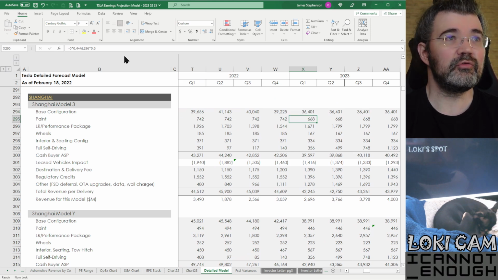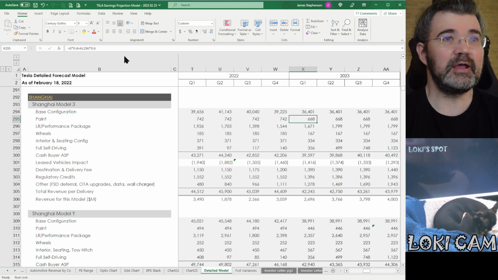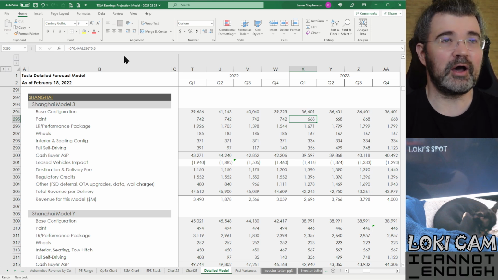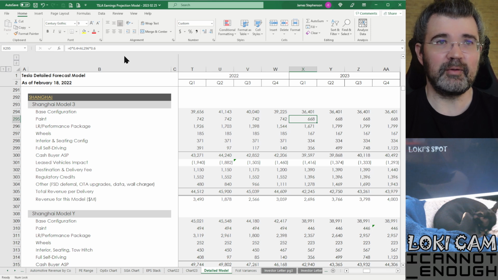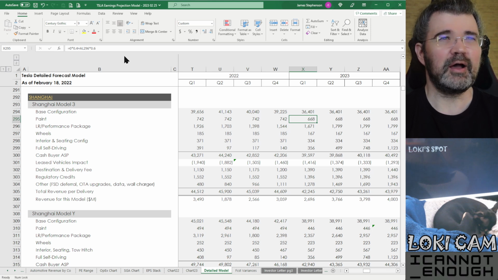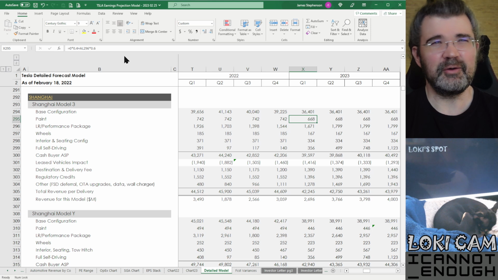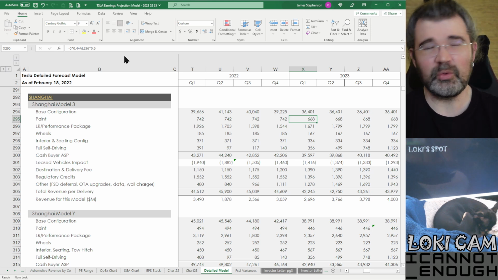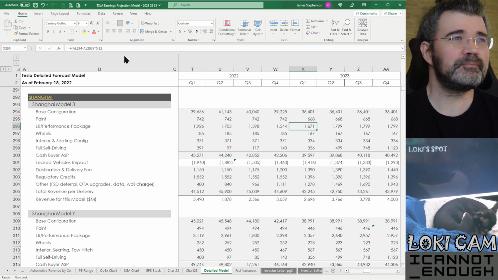And then these are applying a take rate of 60% on paint. So 40% of people taking the free paint color, 60% paying 668 US dollars equivalent for paint.